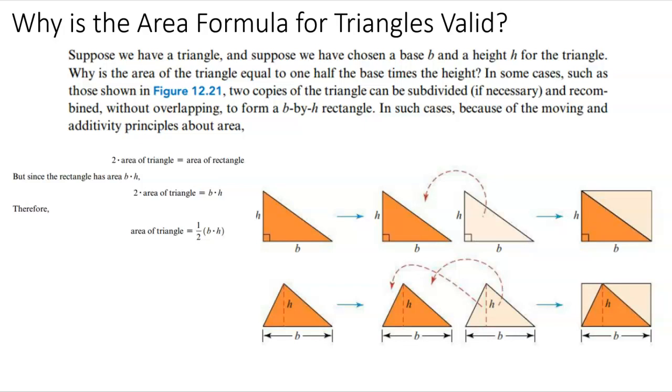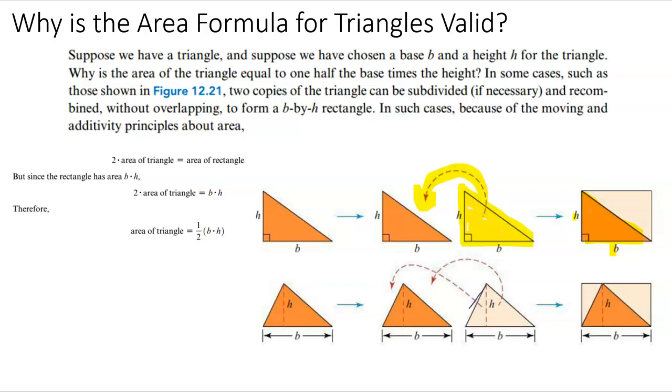Let's look here. So we're basically copying this. We're saying, let's just do 2 of these and put it on top, and we create a B by H rectangle. And so the area of my original shaded triangle is 1/2 of that rectangle. Well, we can also do the same thing even if it's not a right triangle.